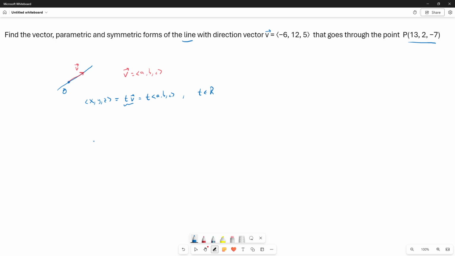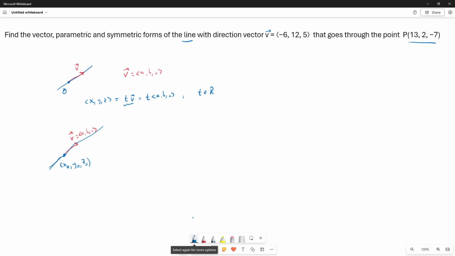So if you have a line that goes through some random point (x0, y0, z0) in R3, then we have our direction vector v, which is still <a, b, c>. So instead of going through the origin, the line goes through this point. Pretend that's a line.